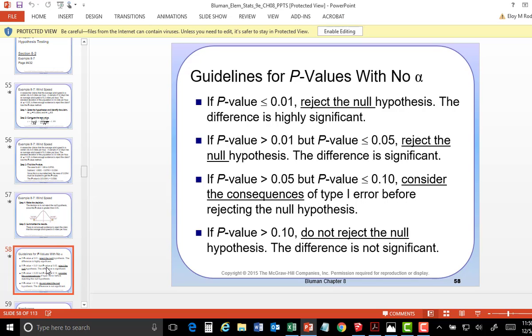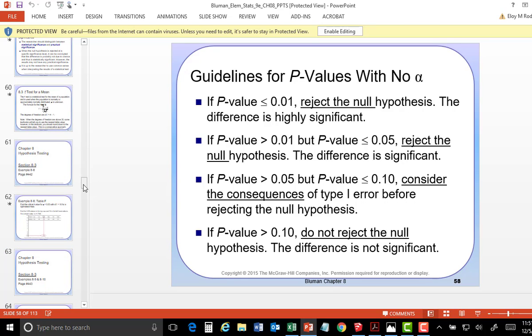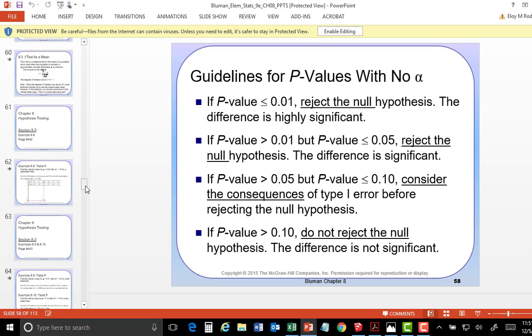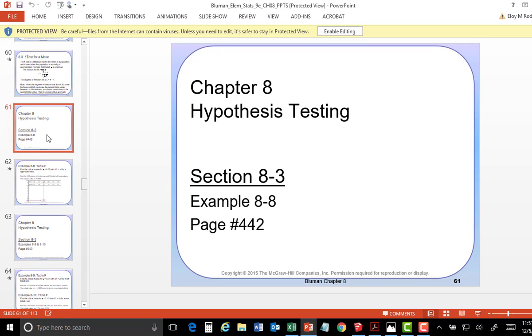Okay? If the p-value is greater than 0.01 but less than 0.05, that's sort of a middle term, then we say reject the null. And finally, if you have a p-value that's greater than 0.10, do not reject the null. So we have two methods: the test statistic method and the p-value method of checking whether a null hypothesis or a claim is accepted or not.